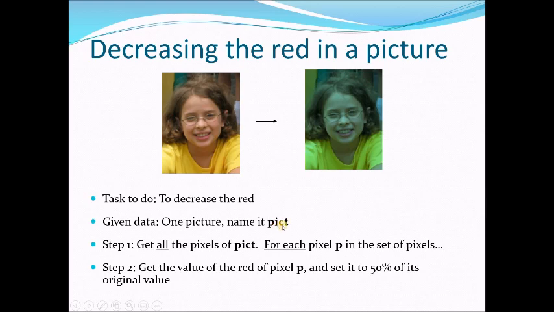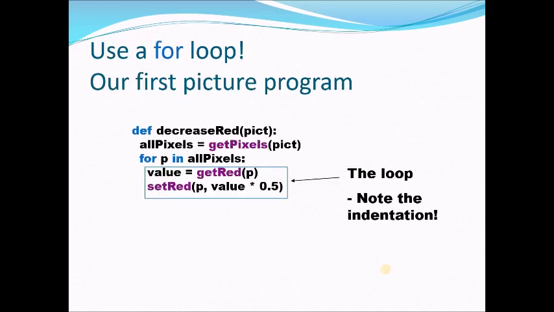In this case it is PICT, and we go through and get all the pixels for this picture, and then inside the for loop we select each pixel from the picture and then get the red value of the pixel and multiply it by 0.5. So these are the two main steps we perform. Here in the first two lines we select all the pixels, and in the second two lines we modify one by one the value of each pixel.